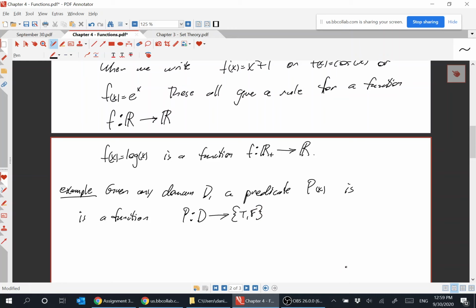It's a logic valued function. You have whatever domain it is you're talking about, and then the range element is just a logic value.